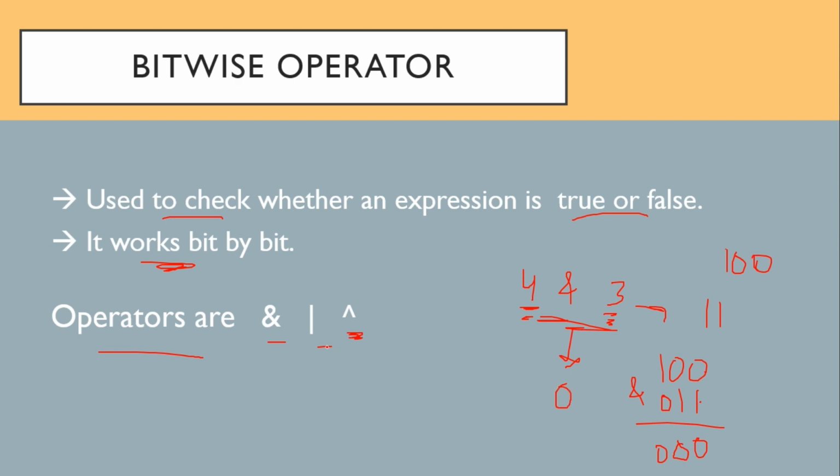Now I will tell you the exclusive OR. It basically requires a true and a false value in a pair, then only it will return a true value.